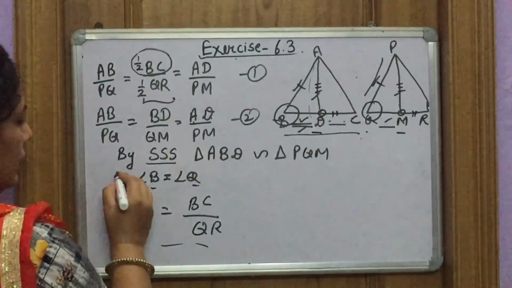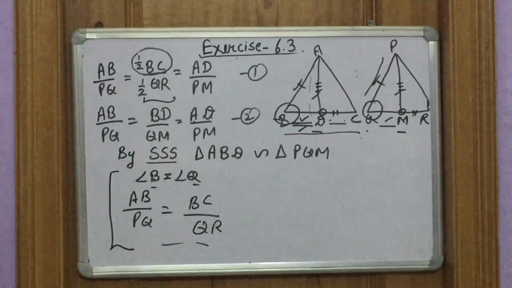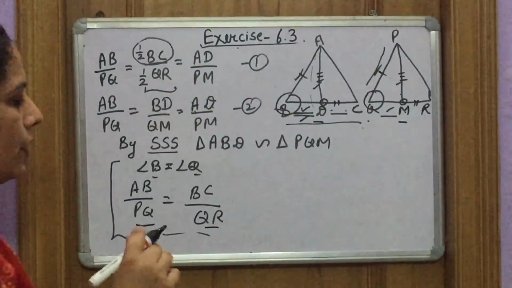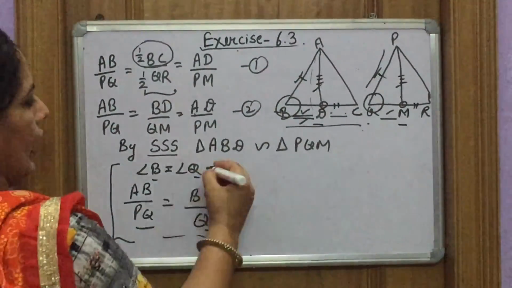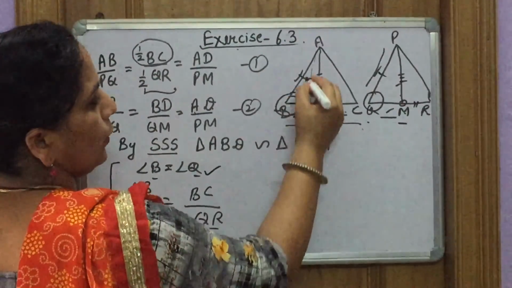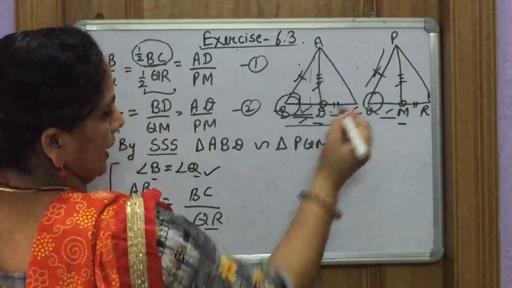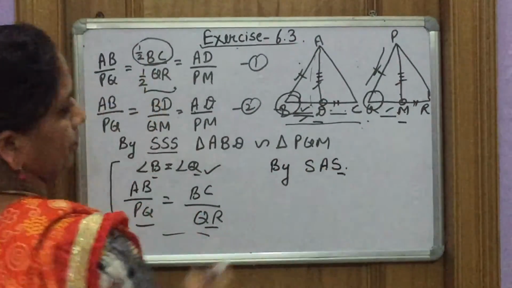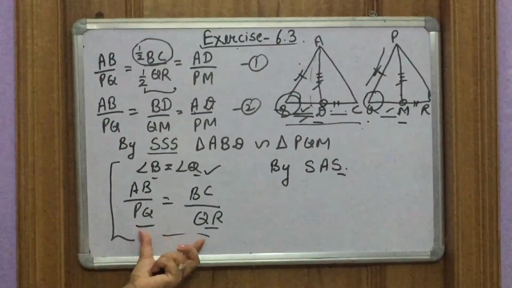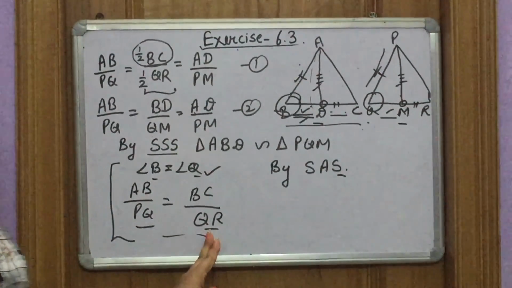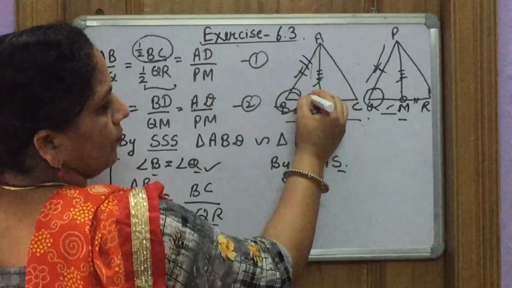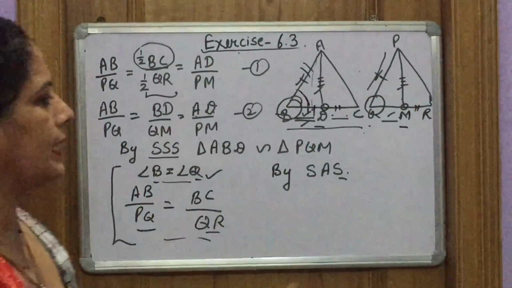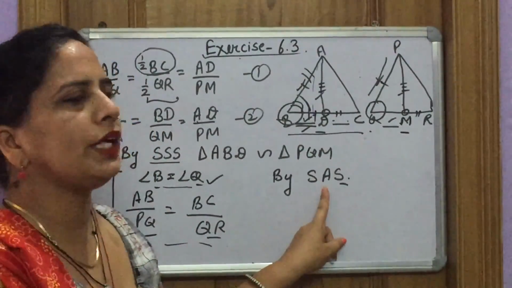Now find these three conditions in the figure. This is the ratio of two sides and one angle, which is the included angle between these two sides. So we can say that by side angle side, because here we have shown the proportionality of two sides, and this is the included angle.